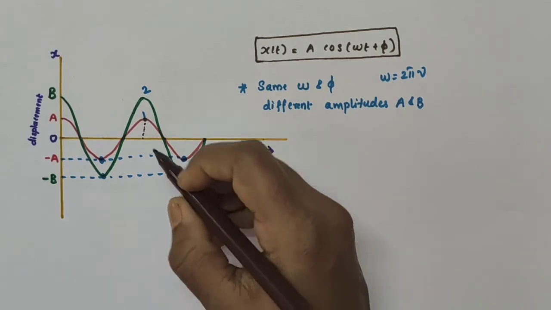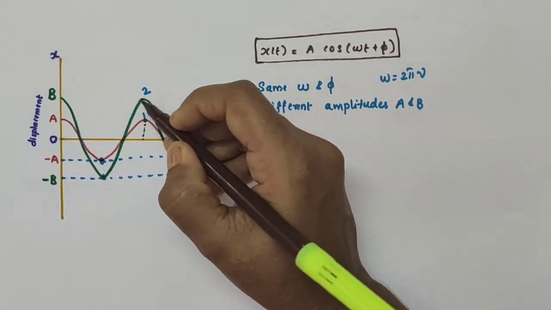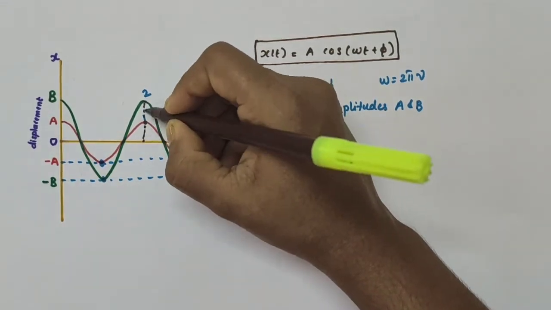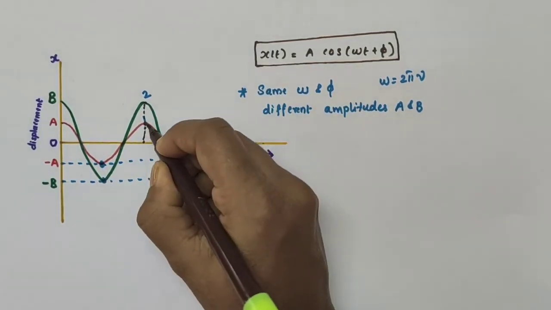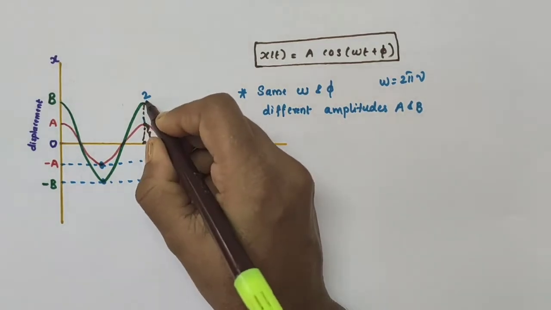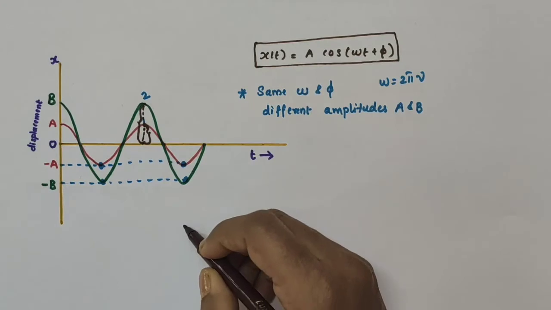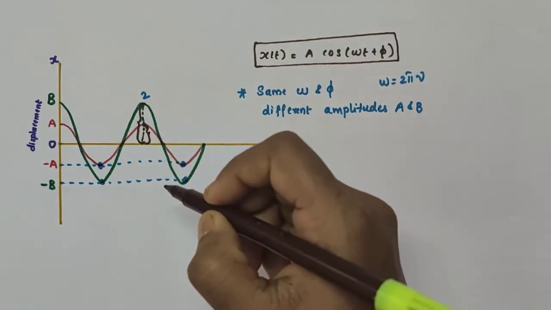And what about the amplitude of the second wave? The second wave is this green colored one. Its amplitude is this much, no? So both are different. This red colored one has only this much amplitude, but this green colored wave has this much amplitude. So both have different amplitudes here.